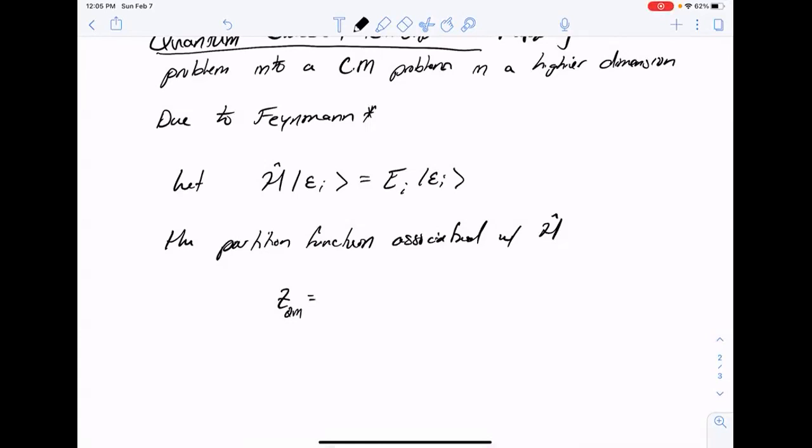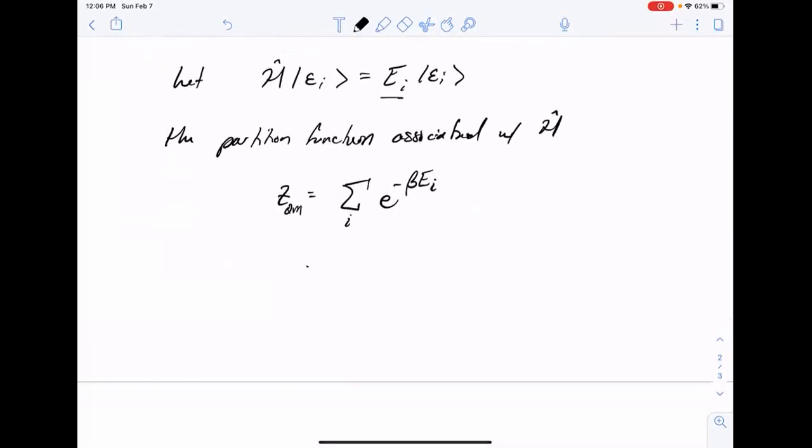If I know those eigenenergies, E sub i, the partition function takes the same form as it always would. It's a weighted sum over those energy levels, where the weighting is just a Boltzmann factor. That's our definition of the partition function. It is true quantum mechanically or classically. Just how we go about computing those energy levels is very different.